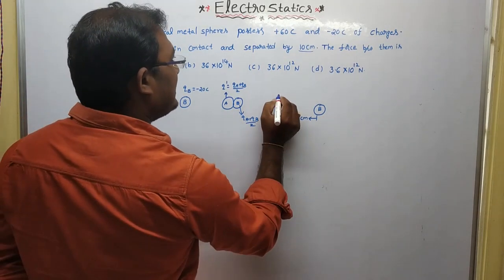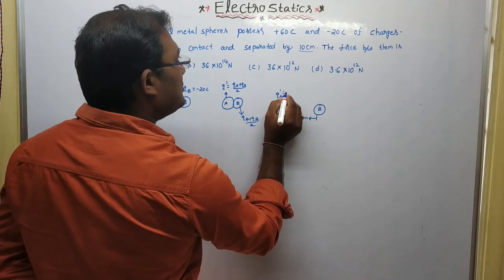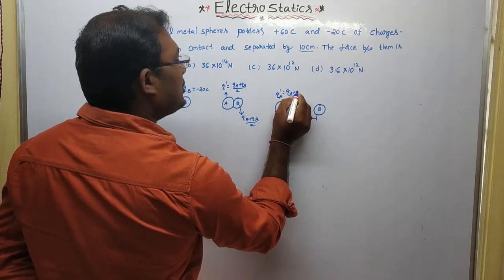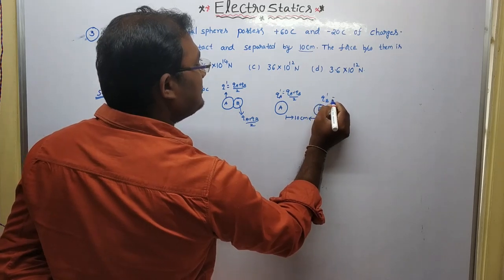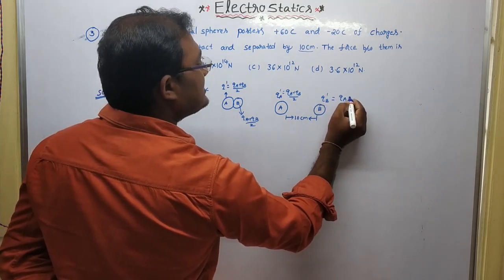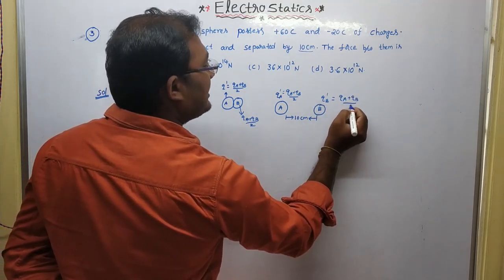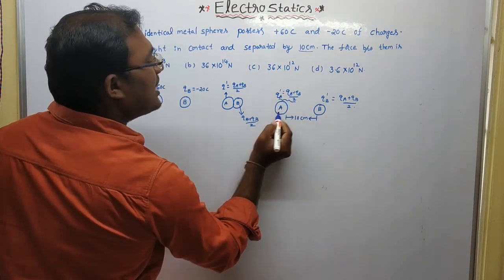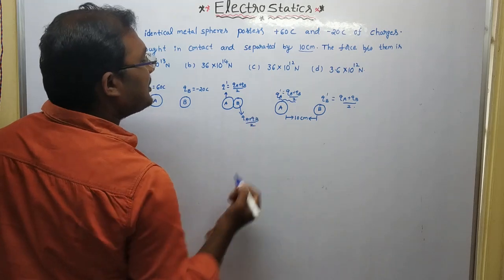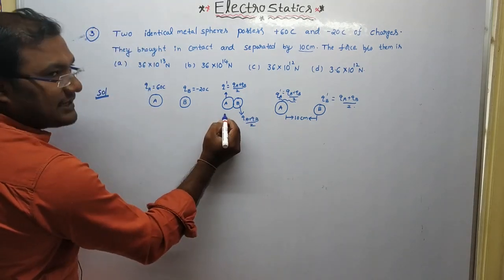That means QA dash equals (QA plus QB) by 2, and QB dash equals (QA plus QB) by 2. This is the new charge on each sphere due to the conduction process.